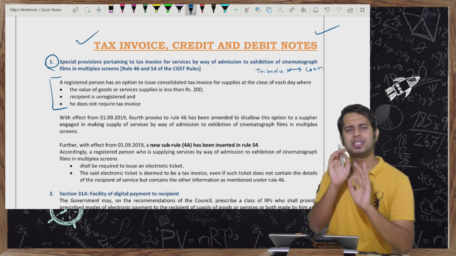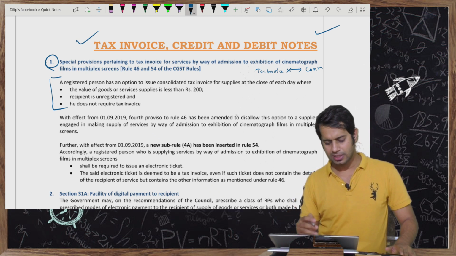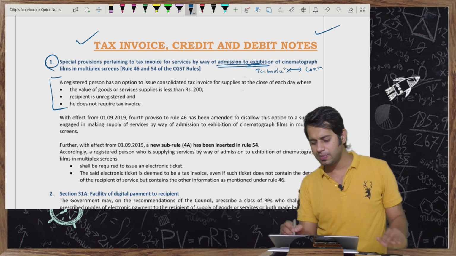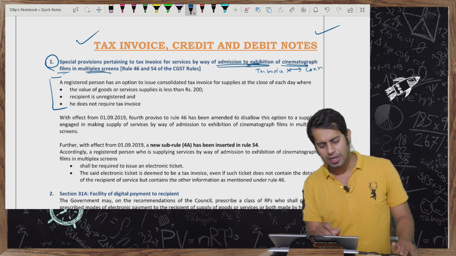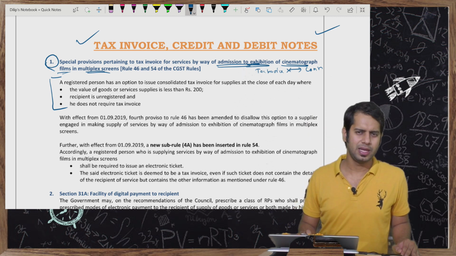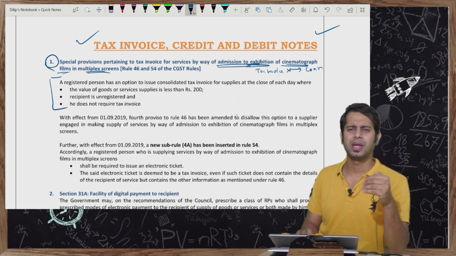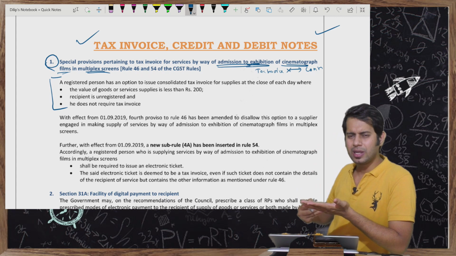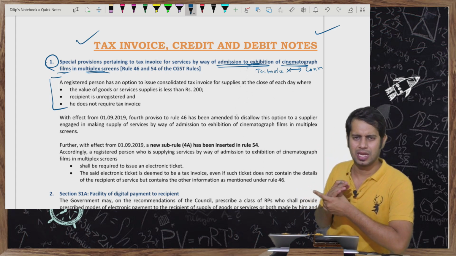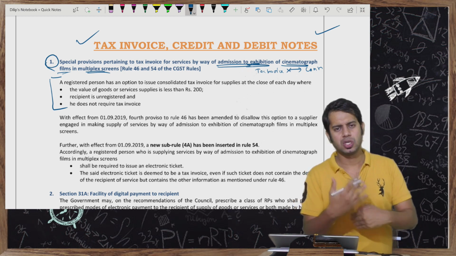They are telling that for those persons who are involved in the business of cinema halls, who are giving services by way of exhibition of cinematographic films, or any multiplexes, this provision is not applicable. They are telling that every day some 1,000 people will be coming. They will have to maintain the list of all those people, write their names, etc. This is not possible for cinema operators who have the business of exhibition of films.